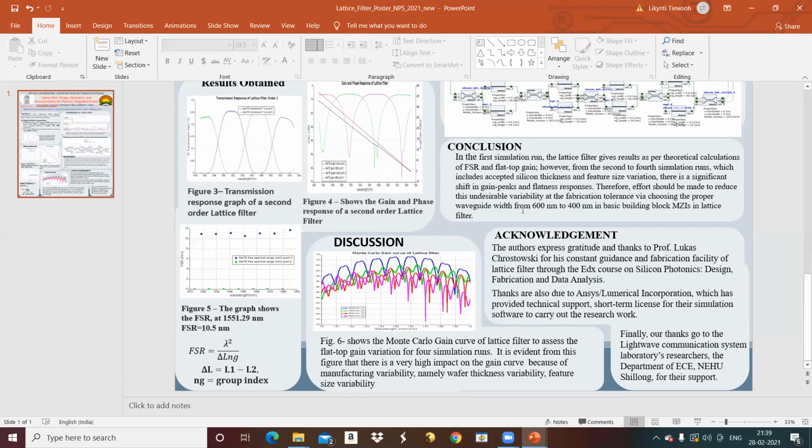So one should make an effort to reduce the undesirable variability due to fabrication tolerance. This can be done by choosing the proper waveguide width from 600 nanometer to 400 nanometer in the basic building block of MZIs in the lattice filter.